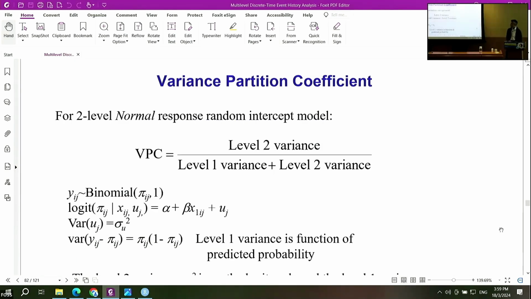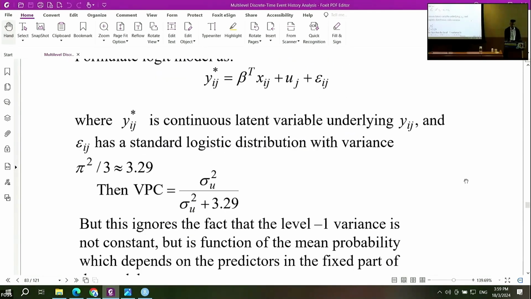to antenatal medical care. Now, to calculate the variance partition coefficient, it's a little bit different from a linear regression model because we don't have a level 1 variance. In logistic regression, there's no level 1 variance. So one way of getting around it is just fixing the level 1 variance to be 3.29. There's a reason why it's 3.29.